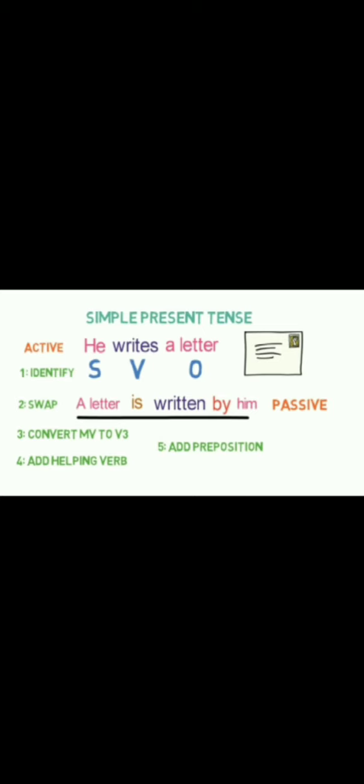So a letter is written by him. Now he has gone from subject to object place, so we have used here the objective case of the pronoun he, that is him. So now we got the passive sentence: a letter is written by him.